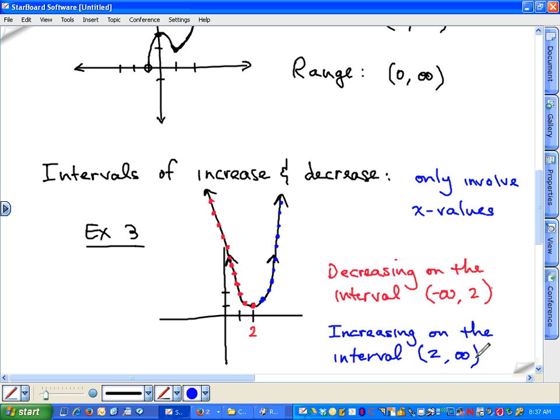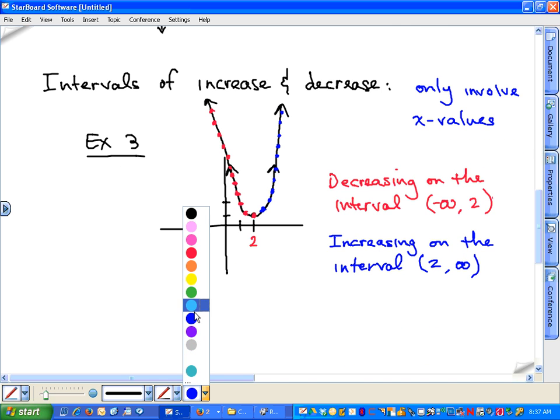If I had flipped this parabola upside down, and I kept the vertex in the same spot, then from negative infinity to 2, it would be increasing, and then from 2 to infinity, it would be decreasing. Let's see if we can take a look at another one here. Let's do example 4.